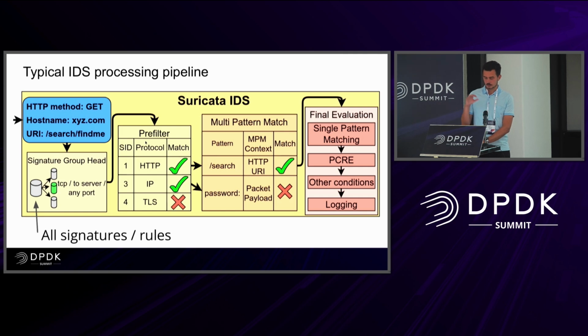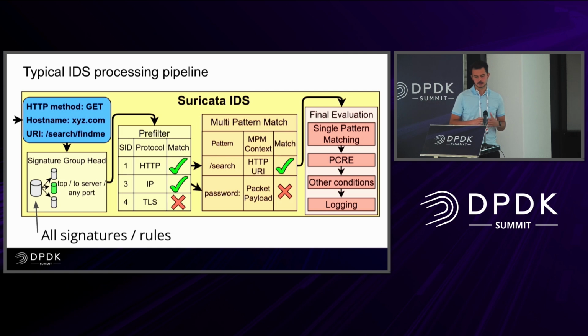You can do some other kind of pre-filtering, but what we are mainly looking at is the pattern matching in this talk. So in this orange box, the multi-pattern match is a way how you filter down.